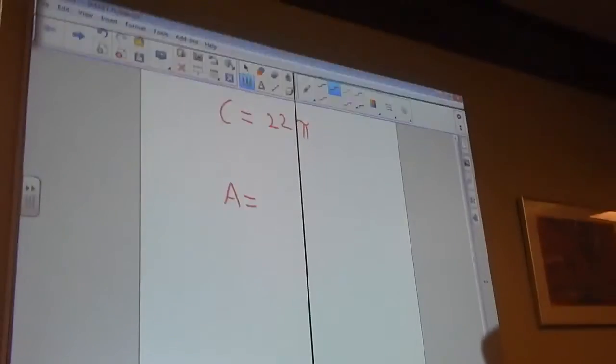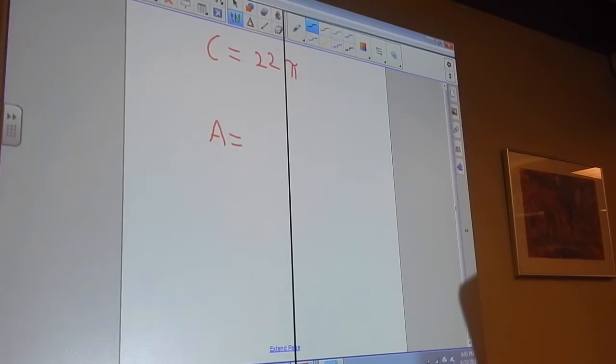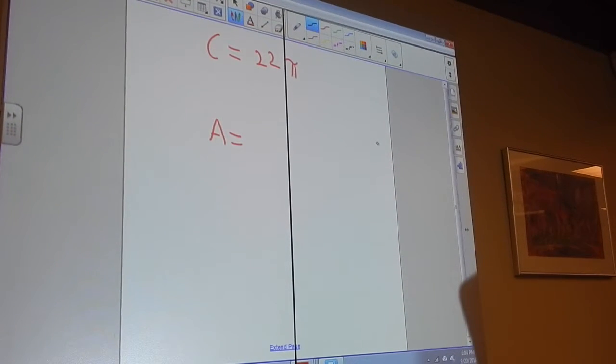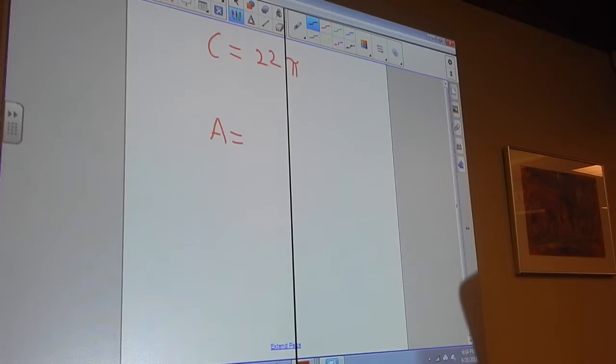What's the radius in this problem? Remember what the formula for circumference is. It's 2 pi r. That's how you get the area, because what's the first thing we got to find?